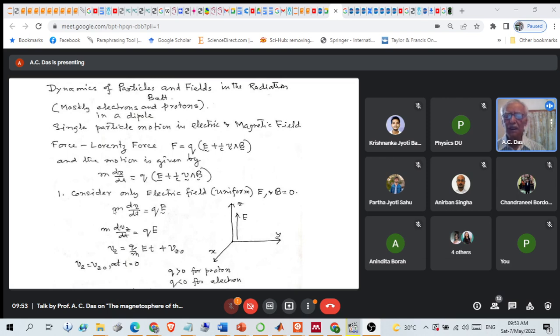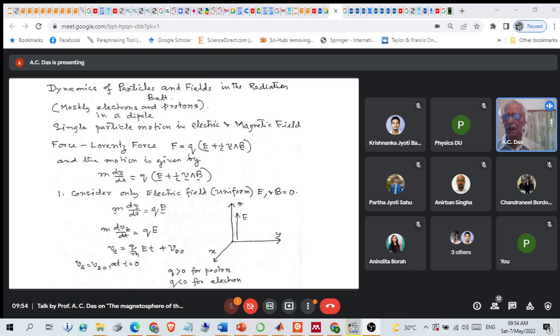If you have the electric field in the medium, then you get m dv/dt equal to qE. To solve that equation in this particular case, I have written that E is along the direction of z. So dVz/dt is equal to qE/m, and if you integrate that, you get (q/m)Et plus Vz0, where Vz0 is the initial value for Vz.